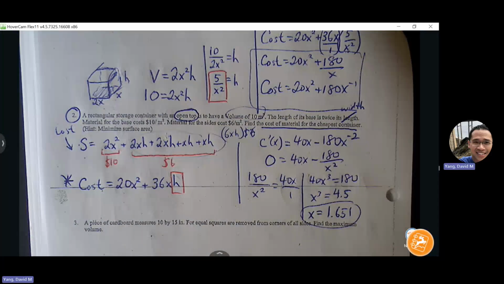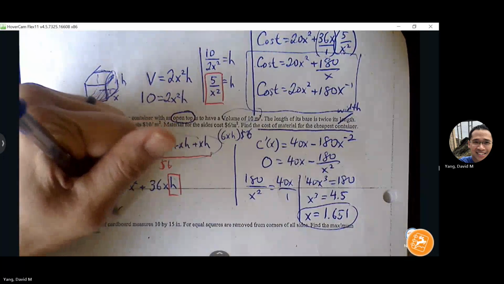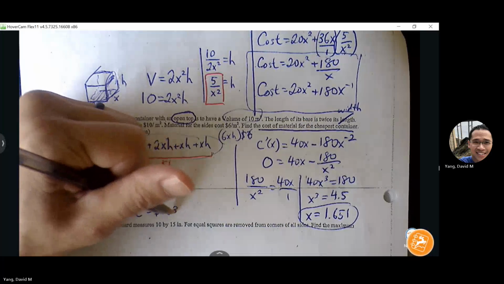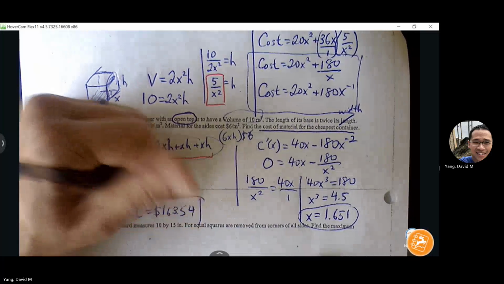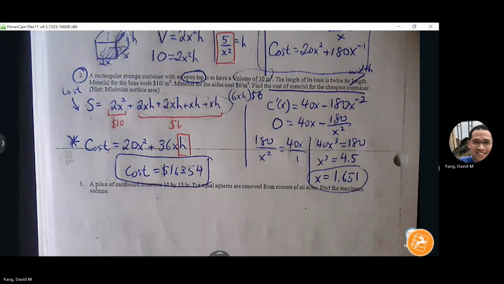Maybe the first one, so we don't deal with negative exponents.